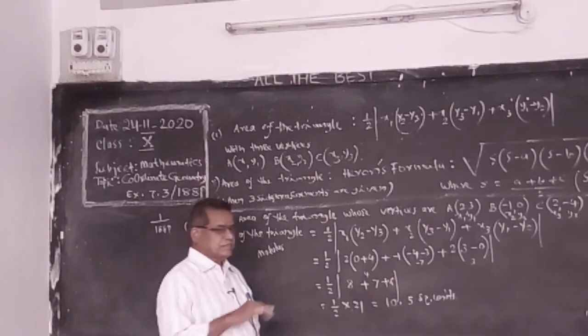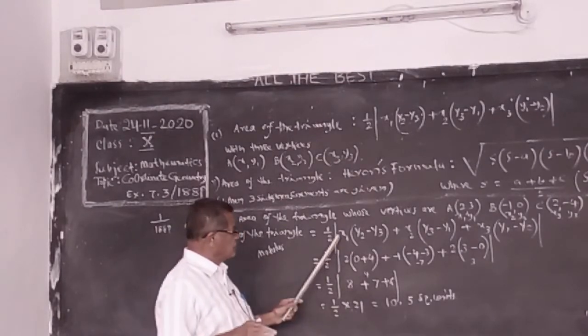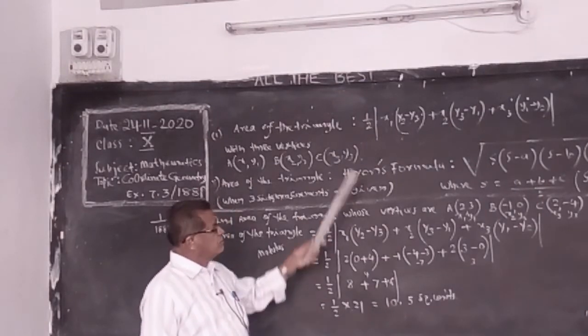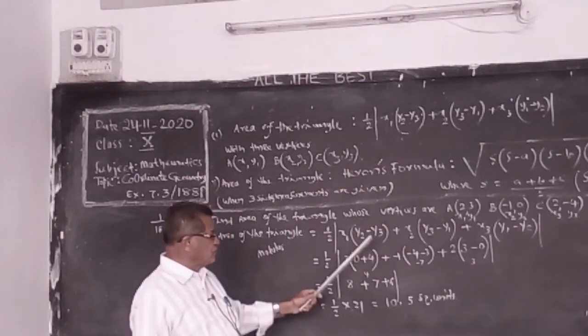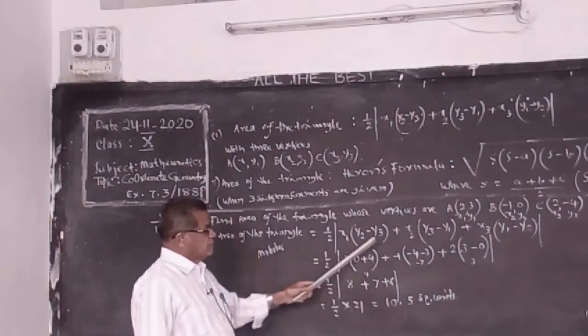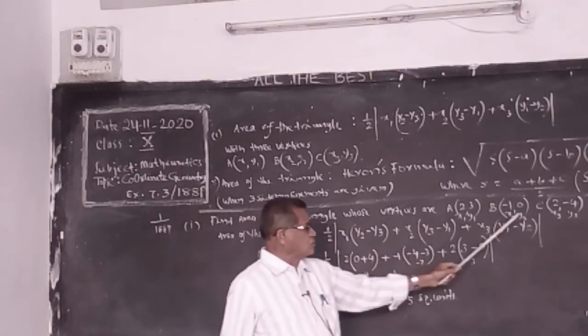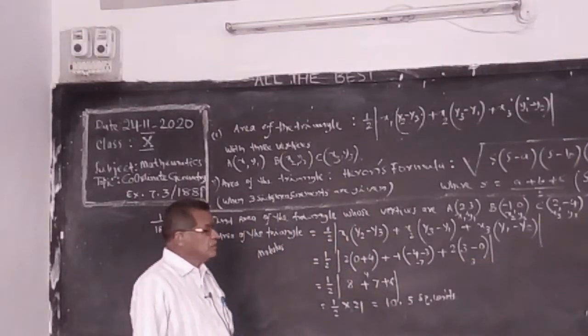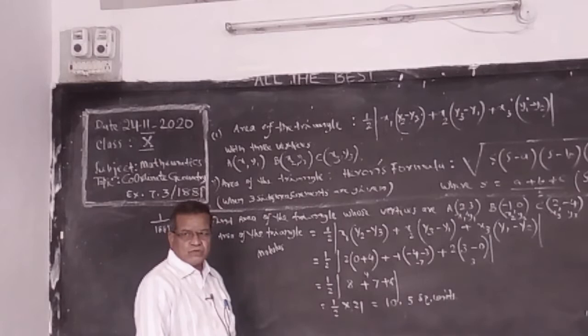Don't get confused. I am saying clearly, practice, then substitute the values. For writing the formula there is half a mark, and for writing x1, y1, x2, y2, x3, y3, identifying the coordinates and substitution. They ask this in the exams.